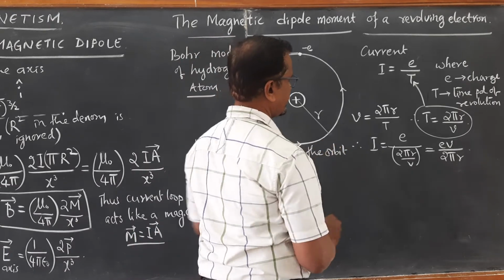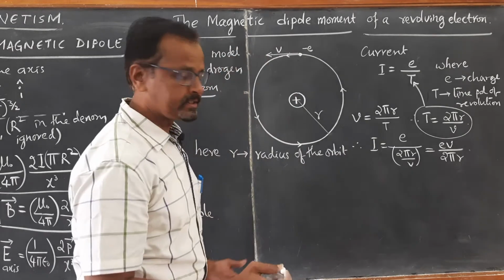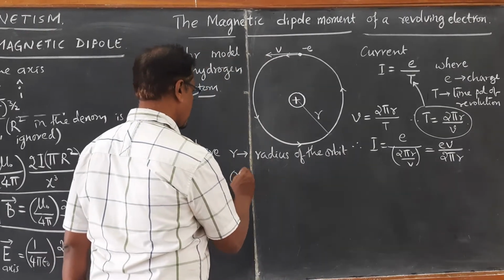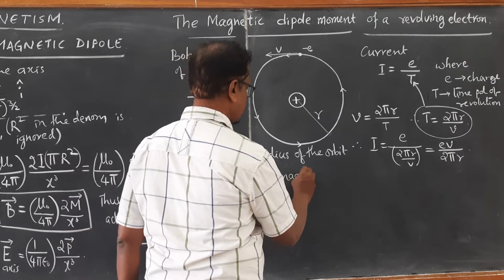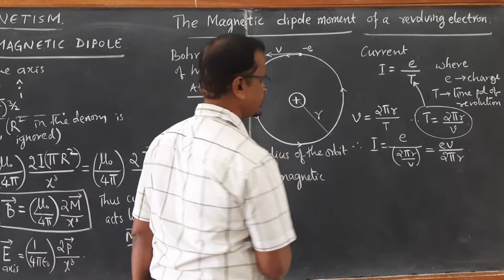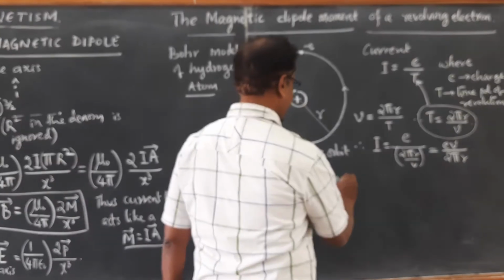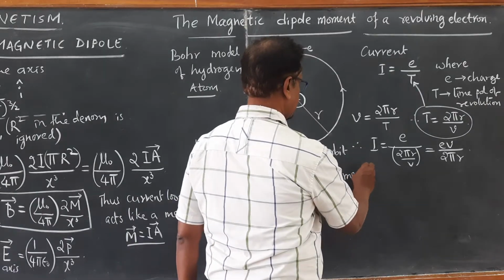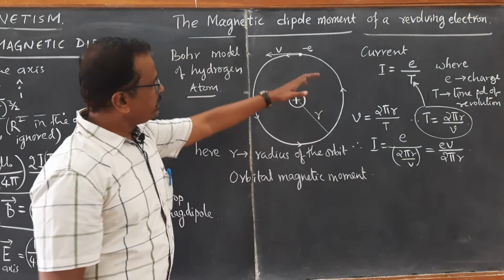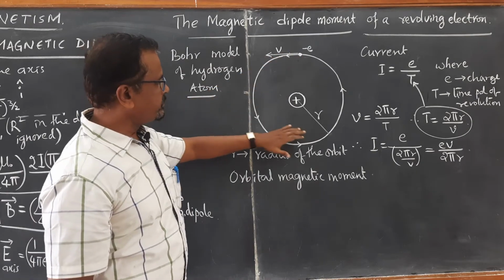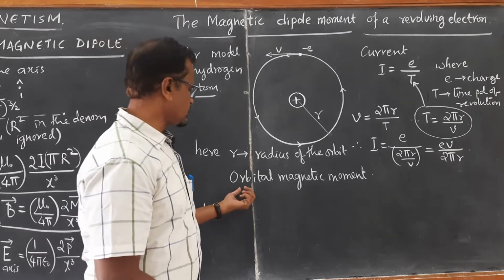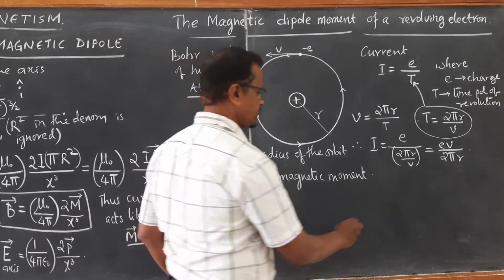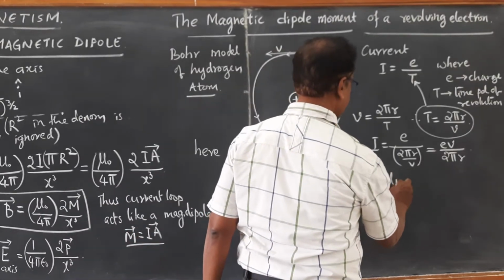This is called the orbital magnetic moment of the electron. Orbital magnetic moment means the magnetic moment of the electron revolving in its orbit of radius r. It is denoted by mu L.